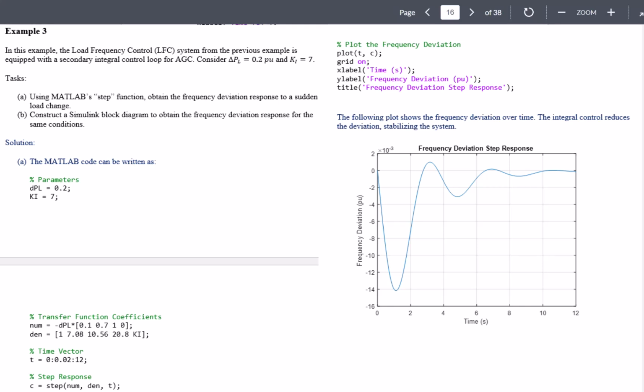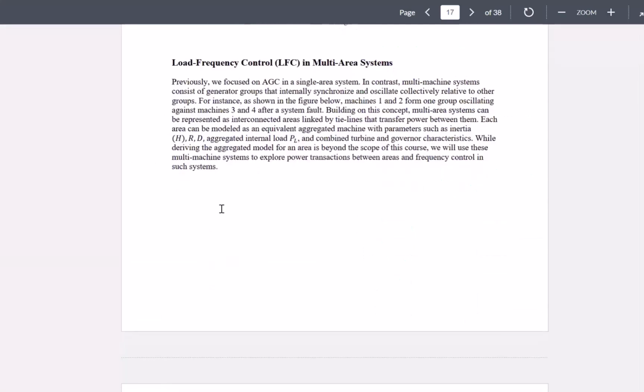And you can play around with this example, change the Ki value to different numbers and see how the choice of Ki can change the dynamics of this system. Under what circumstances could you get a faster response or a slower response in terms of reaching the steady state conditions. And now let's go to load frequency control in multi-area systems.